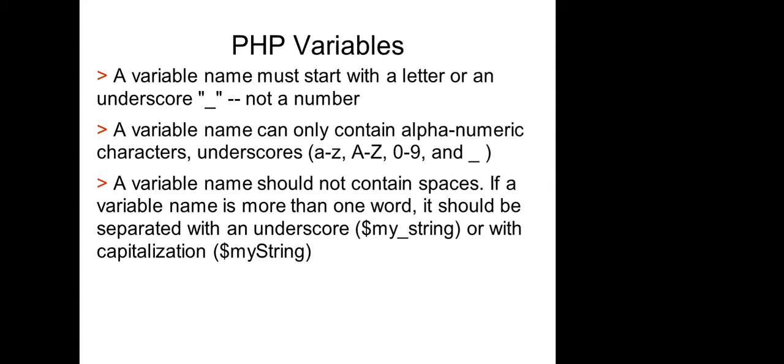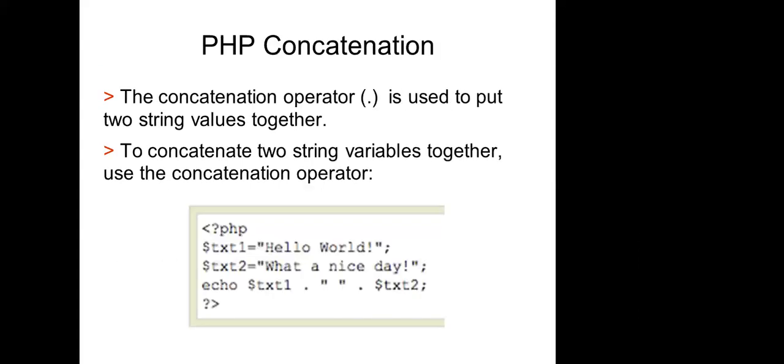We can give first name, underscore, last name. If a variable name is more than one word, it should be separated with an underscore, like $my_string. So this is a variable name. Capitalization and small letters will be different because it is case sensitive.